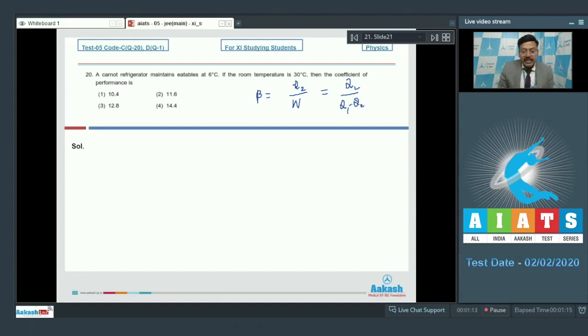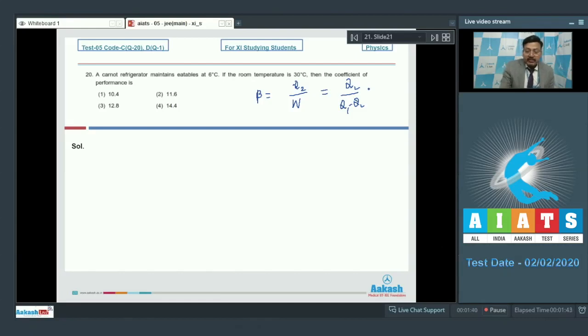Now the question arises as to what are these quantities Q2 and W, etc. Well, Q2 is the amount of heat extracted from the cold reservoir, that means from the refrigerator, and Q1 is the heat given to the hot reservoir, and W, the work that has to be done, is Q1 minus Q2.